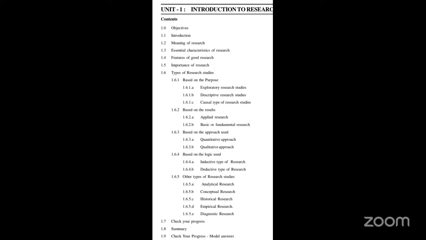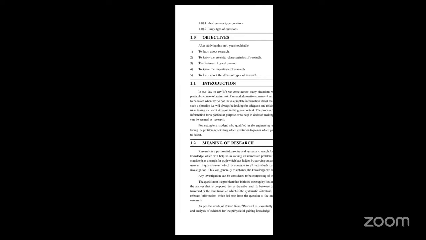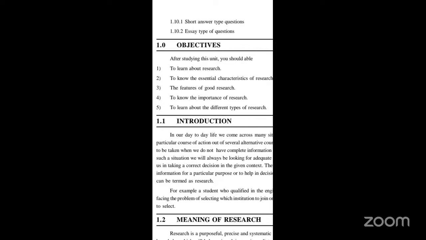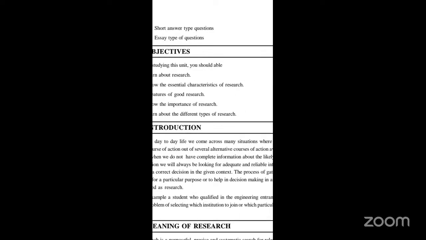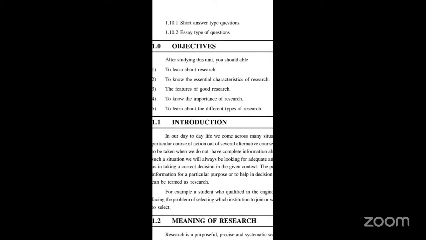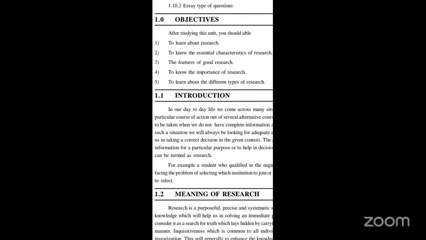Based on logic, we can use inductive research and deductive research, and other research studies: analytical research, conceptual research, historical research, empirical research, diagnostic research. So the main objective is to learn about research, to know the essential characteristics of research, the features of good research, the importance of research, and what research means.